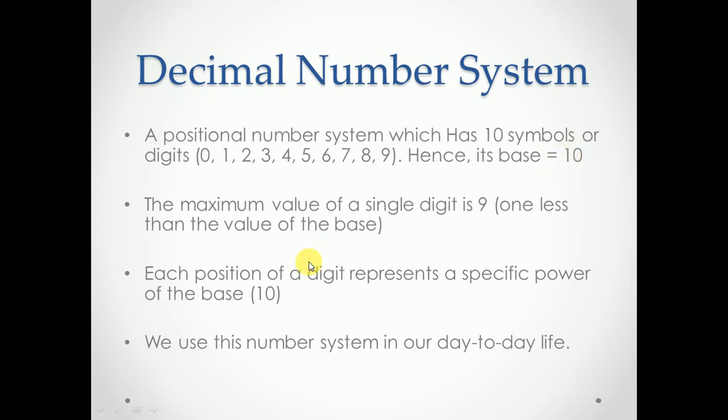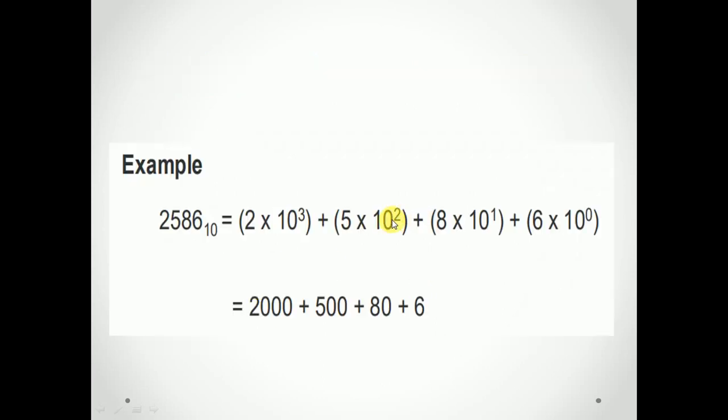Each position of a digit represents a specific power of the base 10, like 10 to the power 2, 10 to the power 3. In 2586, this 3 is the position of the 2, this 2 is the position of the 5, this 1 is the position of the 8, and this 0 is the position of the 6.